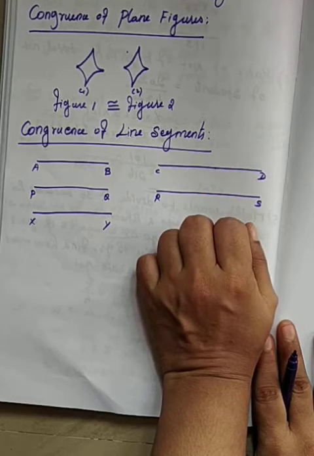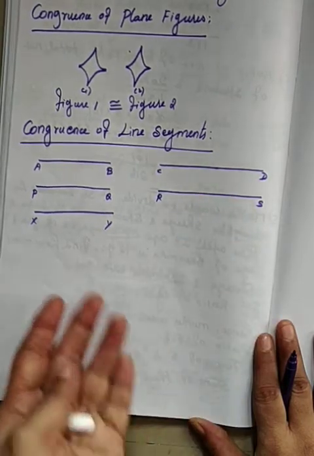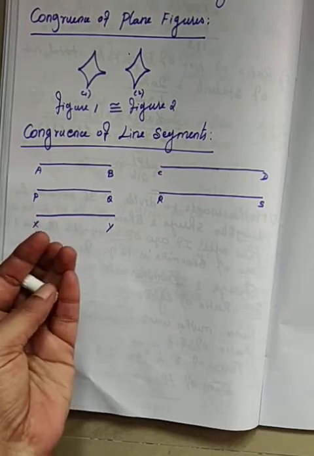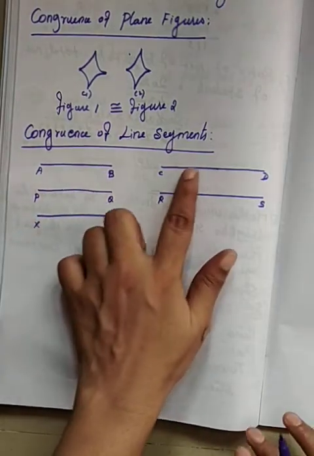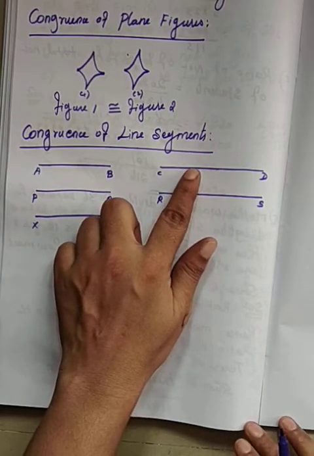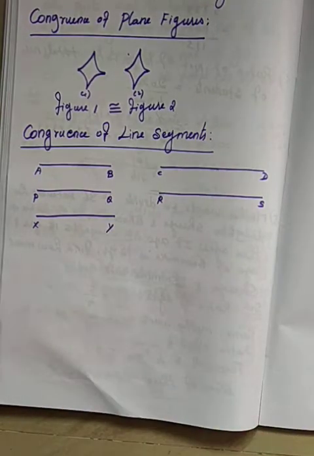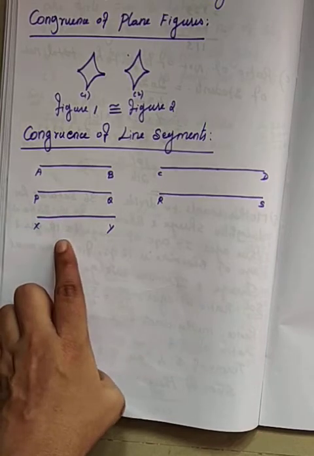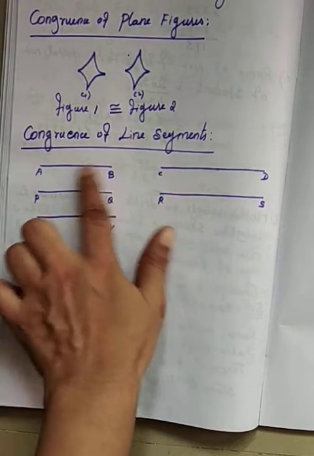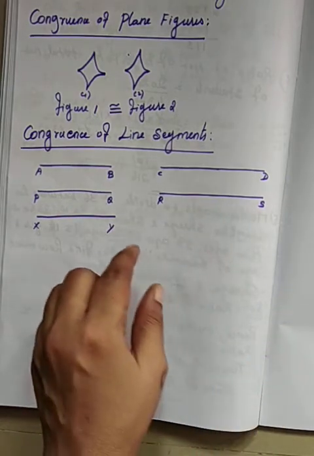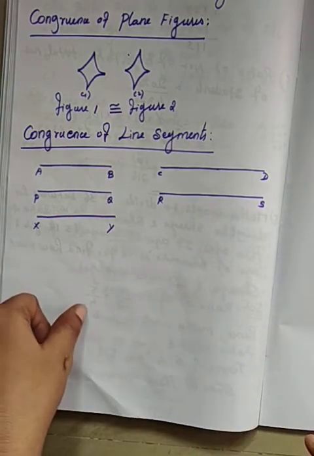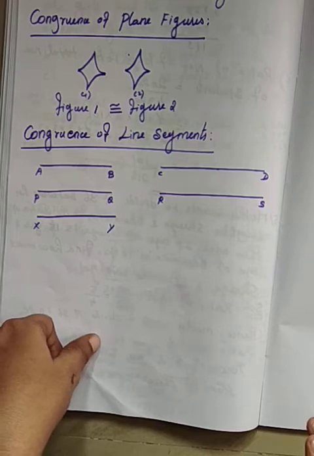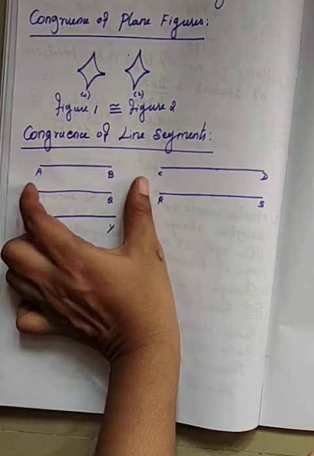Repeat the above activity, that means check whether the line segments CD, PQ and XY are congruent to each other. From these observations, we can say that two line segments are congruent if they have the same length.